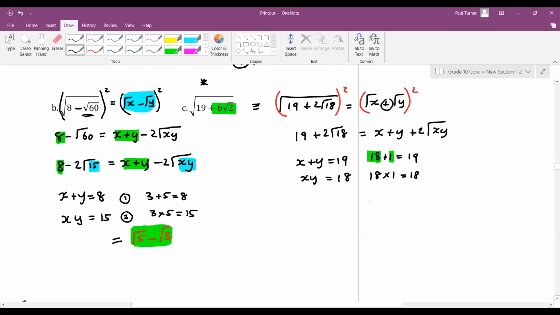Root 18 is root 2 times root 9, which is 3 root 2, and root 1 is 1. So that's your answer there. I just converted it from here to here. So 3 root 2 plus 1 is your answer for that one.